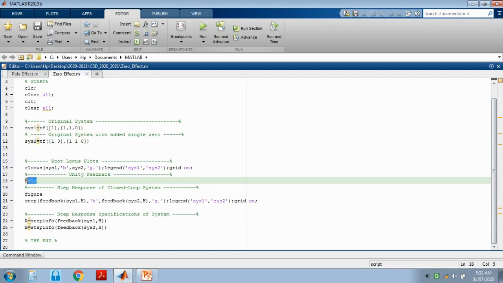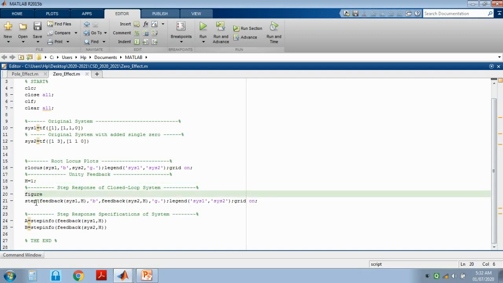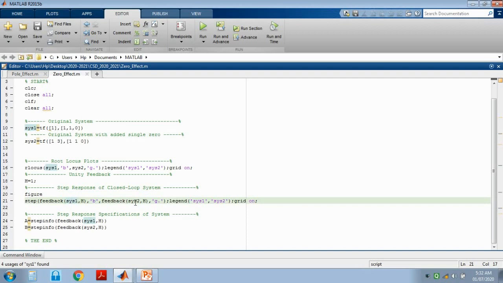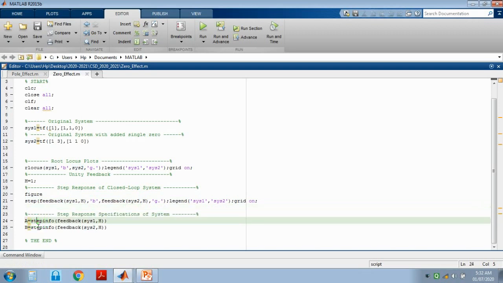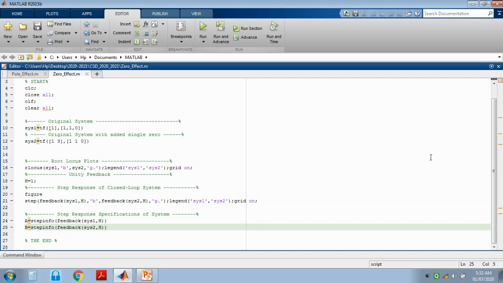For that purpose, we have considered the unity feedback system, so H is equal to 1, and we plotted the closed loop step response of the original system as well as the modified system, that is system 1 without 0 and system 2 with 0 at s equal to -3, and the parameters are recorded by using the stepinfo command.